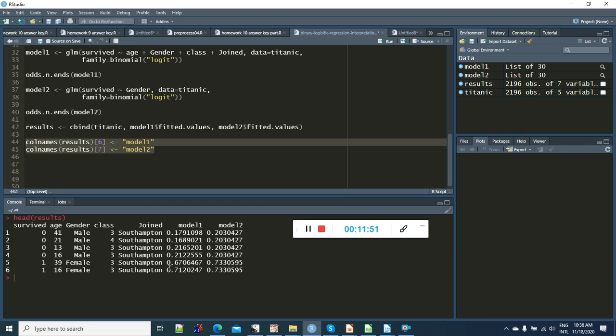And then in rows 5 and 6, again, because we have combinations of age, class, and where joined among females, we see rows 5 and 6 with a lower probability than model 2, but still above 0.5, and so we round up to 1. And so that is how, in a binary logistic regression, you can have significant predictors that in the end do not actually change the prediction. It seems a bit non-intuitive, but hopefully you'll understand it now.